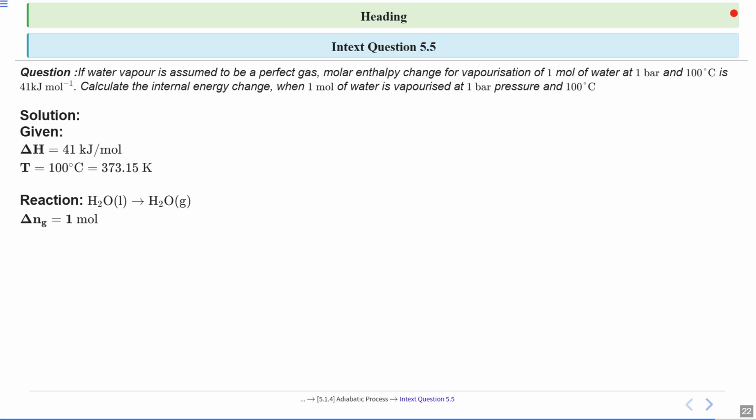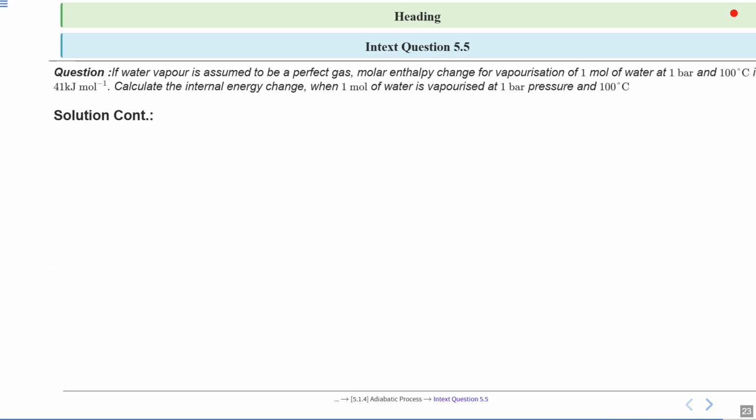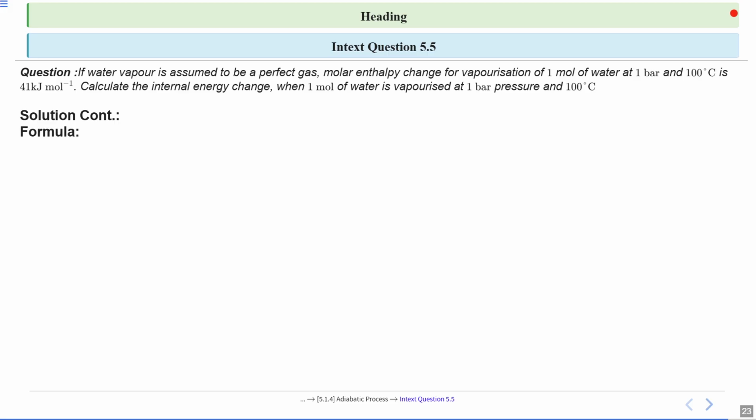So we can write the change in the number of gaseous moles, delta n g, equal to 1 mole. Now let us use this in the relation between delta H and delta U that we already got. If we substitute in the formula delta H is equal to delta U plus delta n g RT, then delta U is equal to delta H minus delta n g RT.